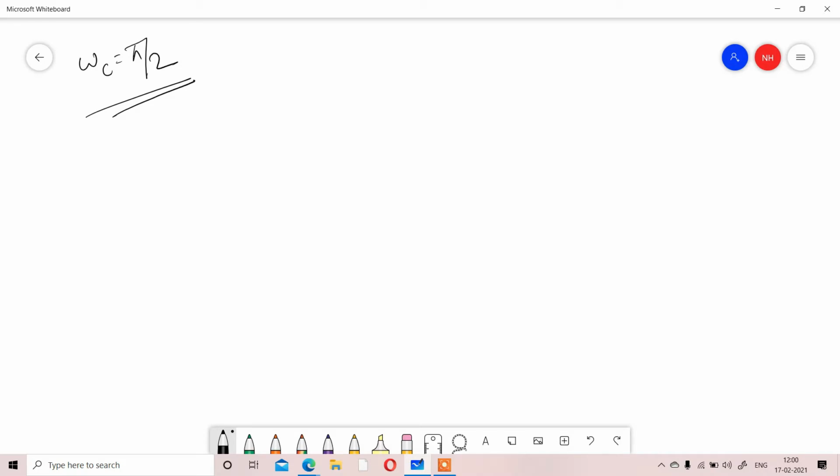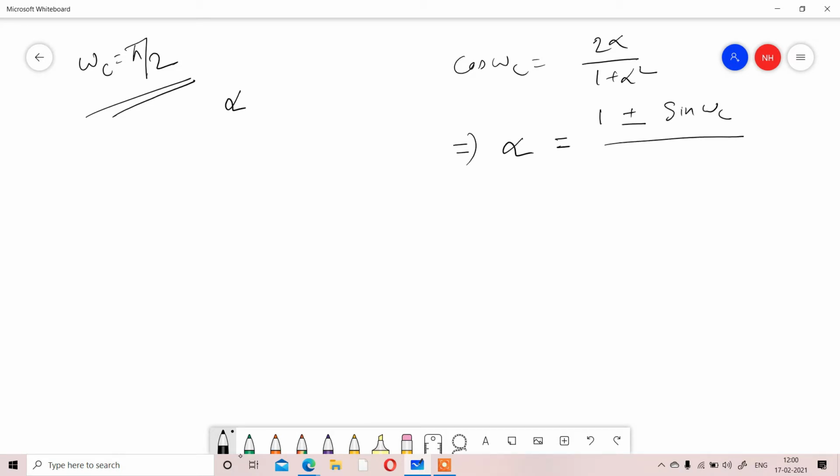So for that omega c, you need to calculate alpha. You know cos omega c equal to 2 alpha by 1 plus alpha square. From here, simply if we calculate alpha, you will get 1 plus minus sine omega c by cos omega c.